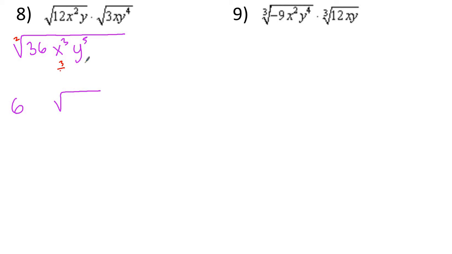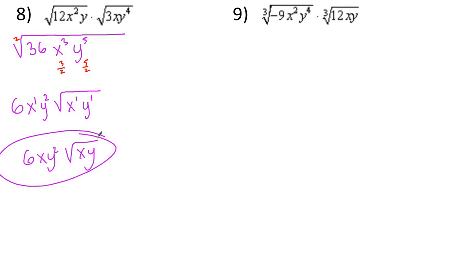So this would be 3 over 2 and 5 over 2. 2 can go into 3 one time with 1 left over. 2 can go into 5 two times with 1 left over. So the answer is 6x y squared square root of xy.